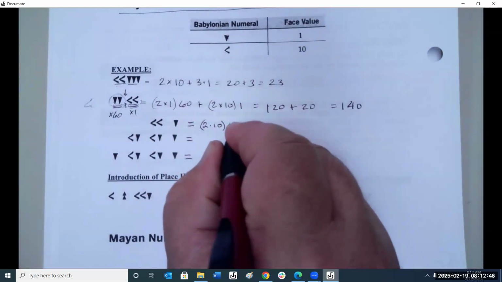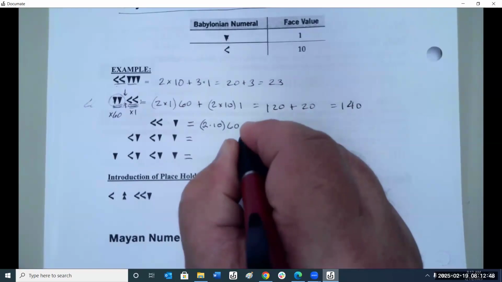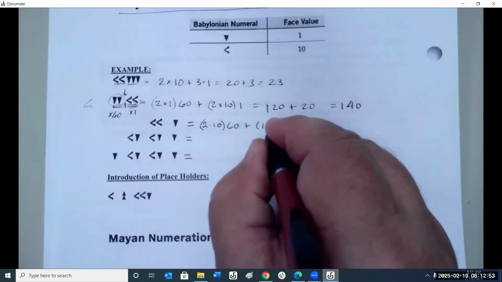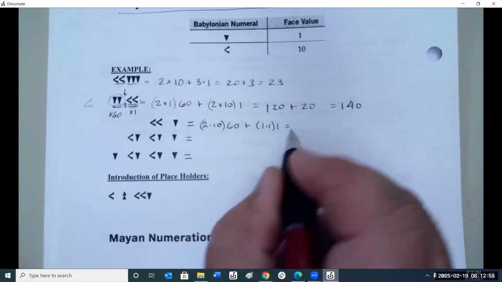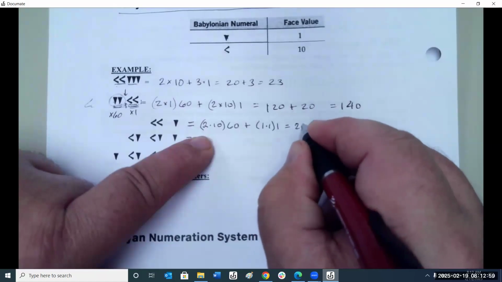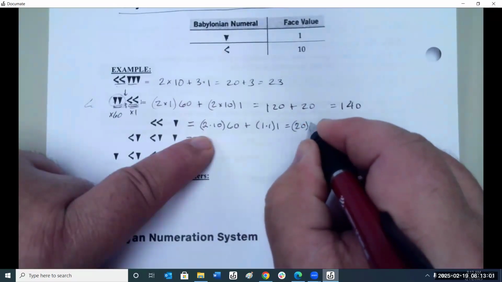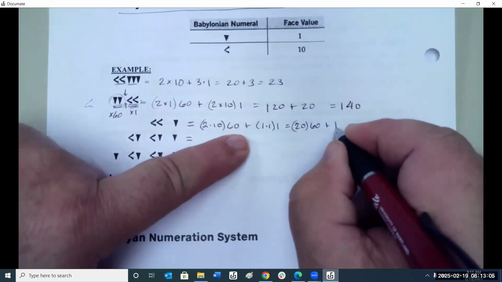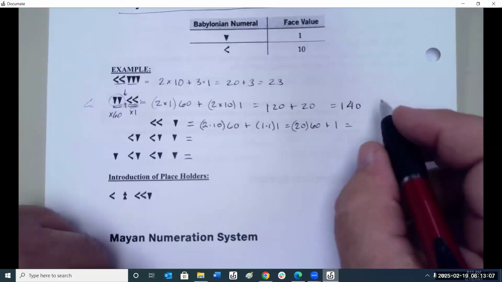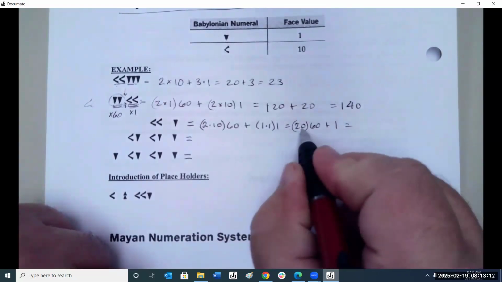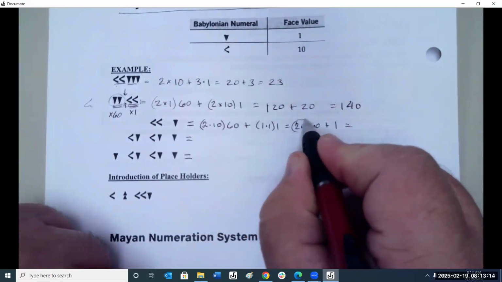Times 60 plus 1. Well, 1 times 1 happened one time. So we have 10 times 2 is 20. 20 times 60. 1 times 1 times 1. So what is 20 times 60? 1,200. Right.